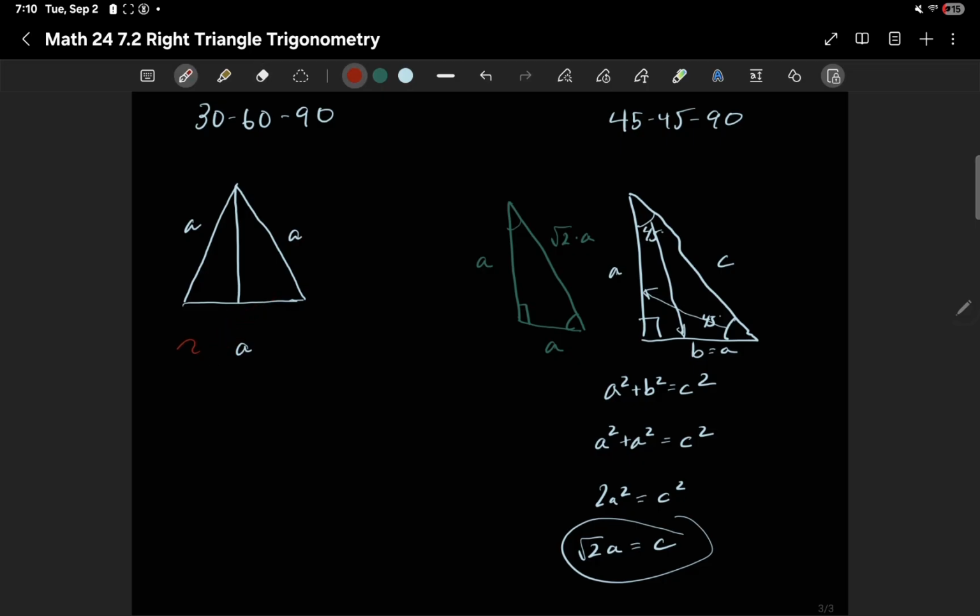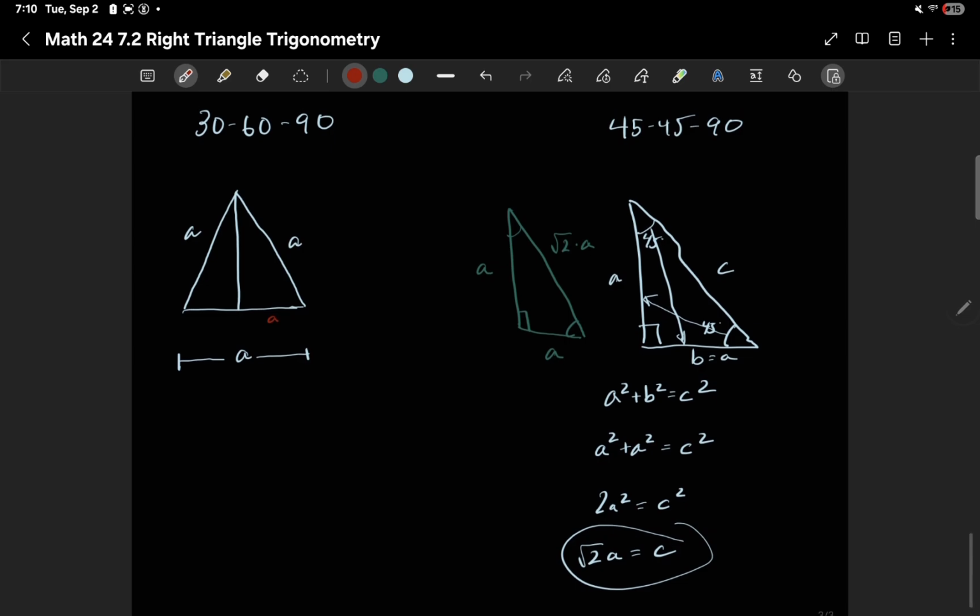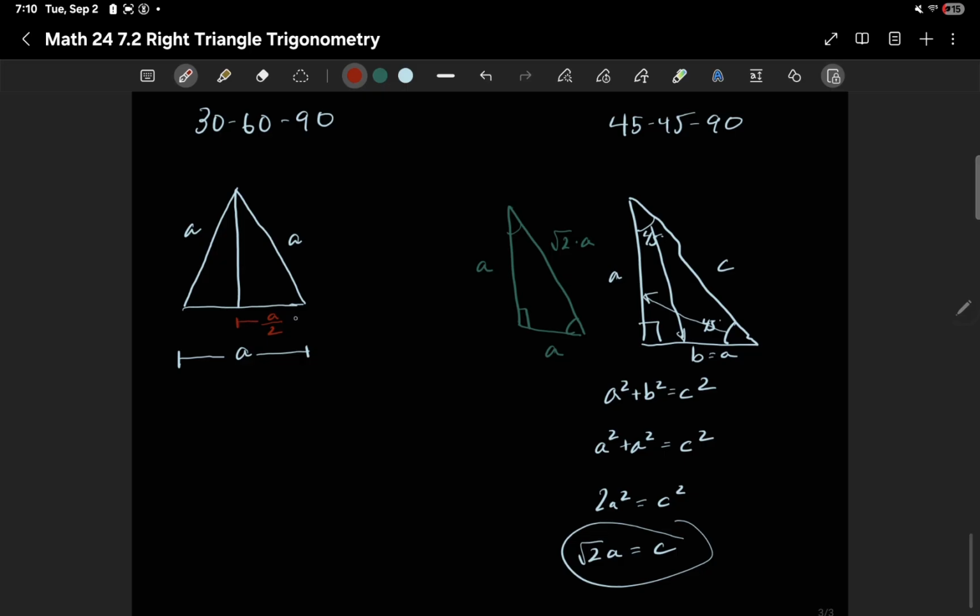So if the entire side length from here to here is A, and I drew this line down the middle from the angle down all the way to the other side, this is now half of that distance, right? So from my new line to the end of the triangle is A over 2. Okay, and so now all I really need to find is this side length here, which I will color in green.